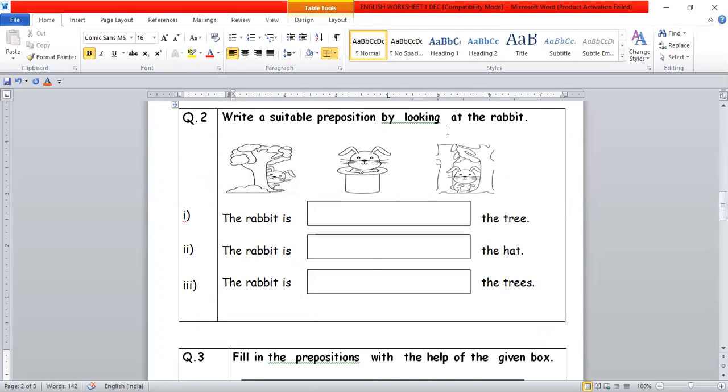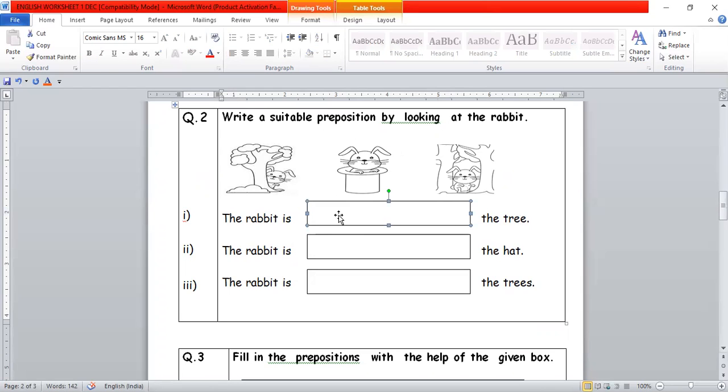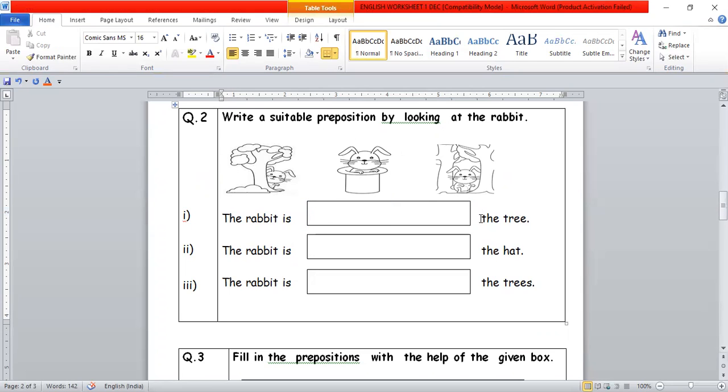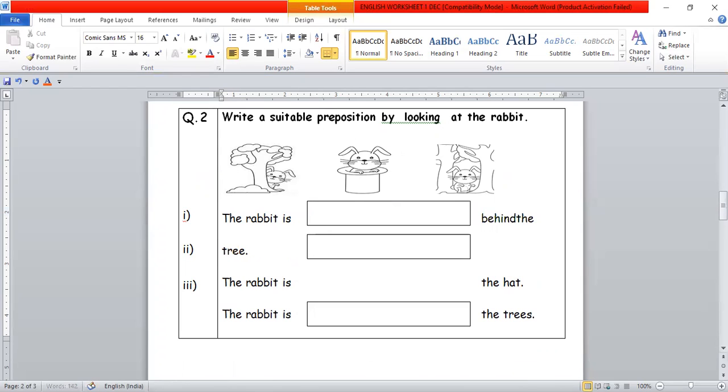Okay. Now, write a suitable preposition by looking at the rabbit. So, rabbit's position. First one, the rabbit is dash the tree. Where is the rabbit? He is behind. Here you will write behind. So please write the spelling here. I will write it outside. Behind, behind the tree.